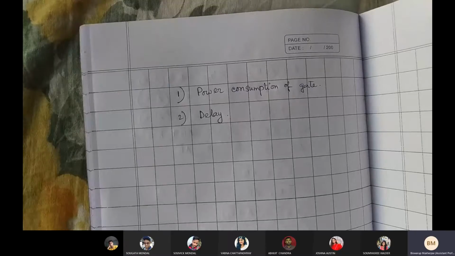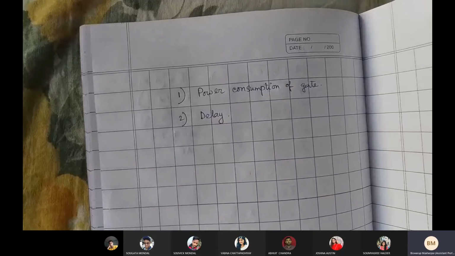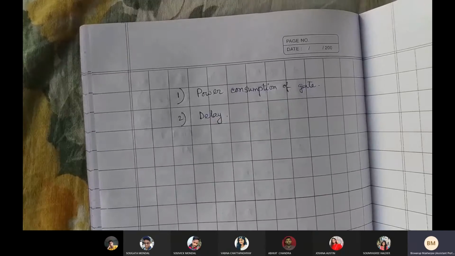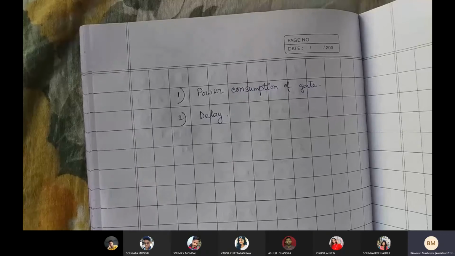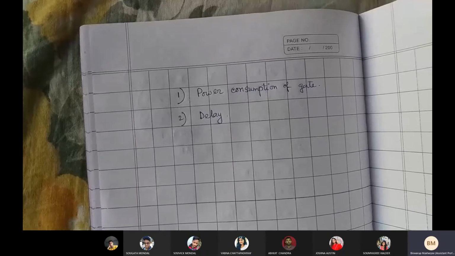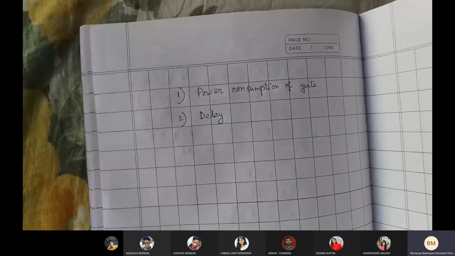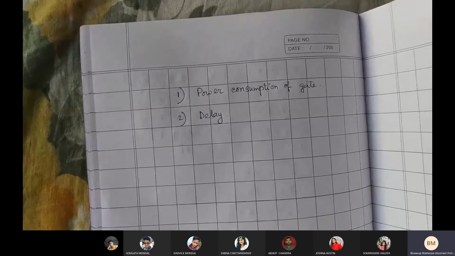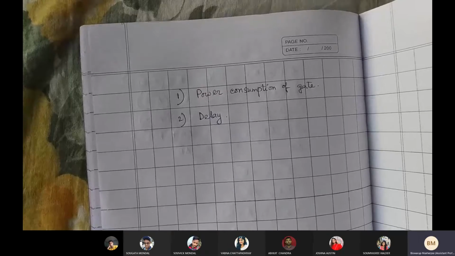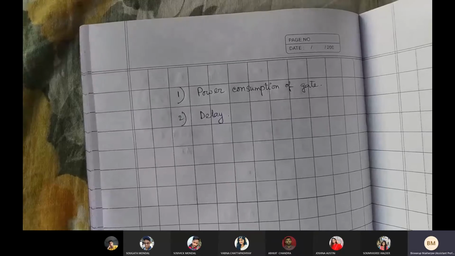You can imagine that AND, OR, XOR, XNOR, NAND and NOR are different types of gates, and they will always consist of different circuits. A NAND gate has a different internal circuit compared to an AND gate. So obviously, as the circuits are different, the delay will also be different.